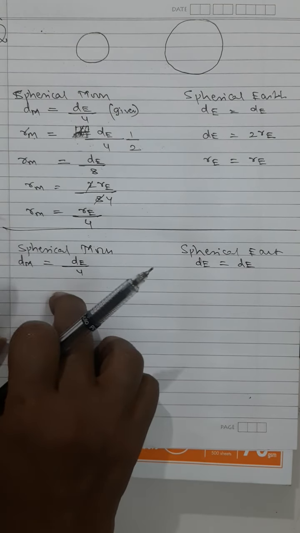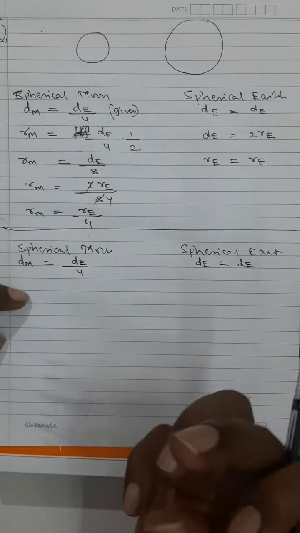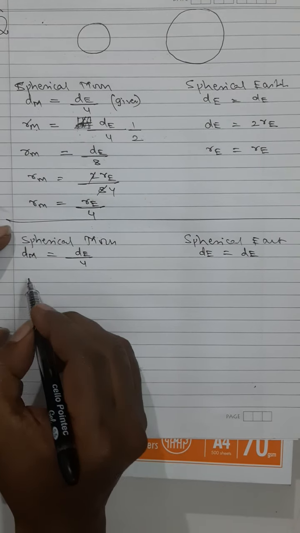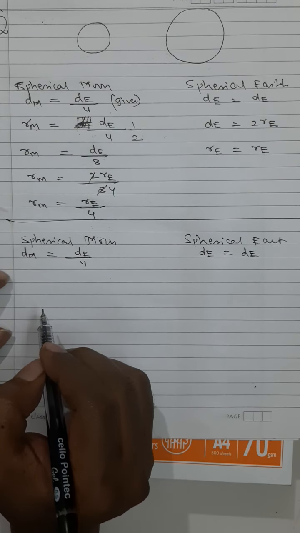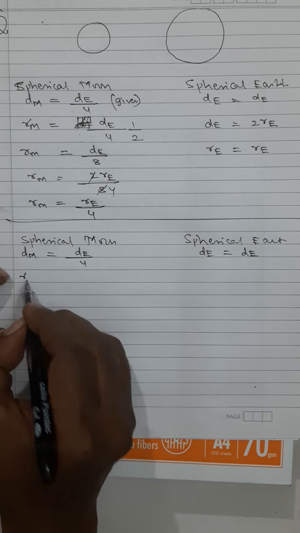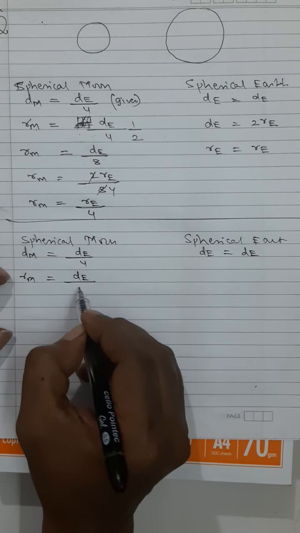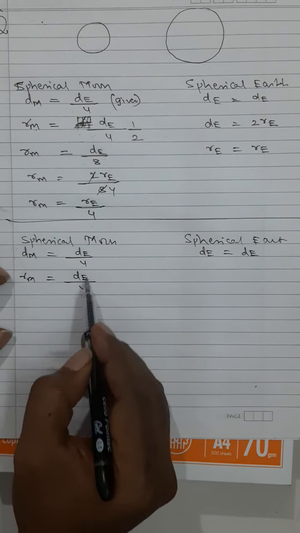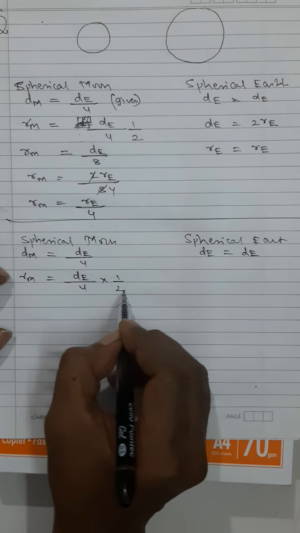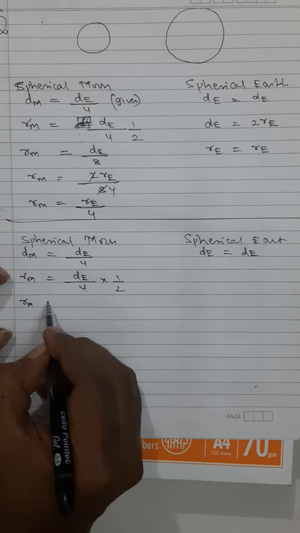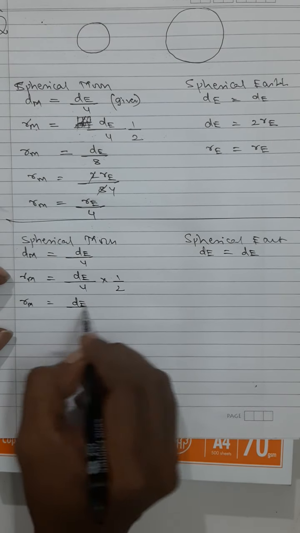But for finding the surface area of this and of this, I require the radius of the two. So radius of moon will be equal to whatever this diameter of moon is, divided by 2. So radius of moon is equal to diameter of earth upon 8.